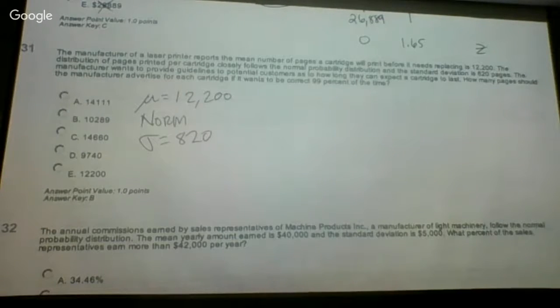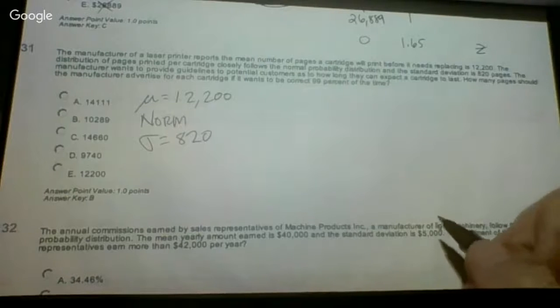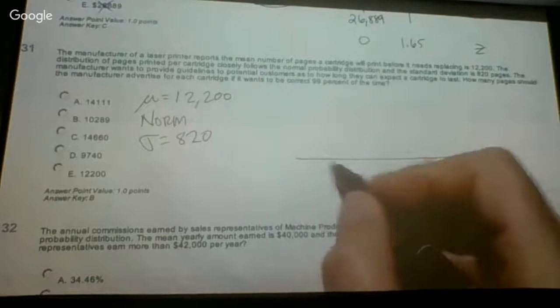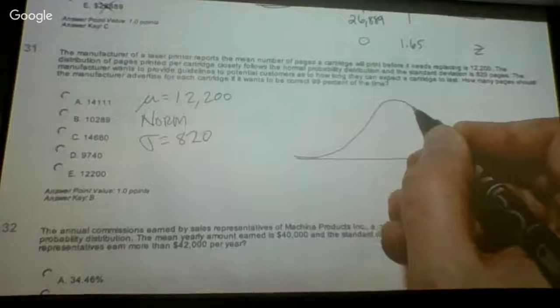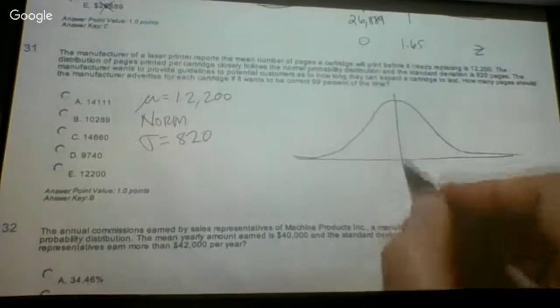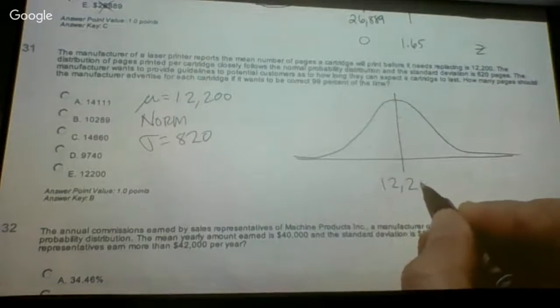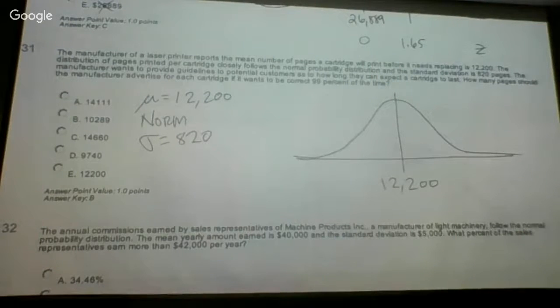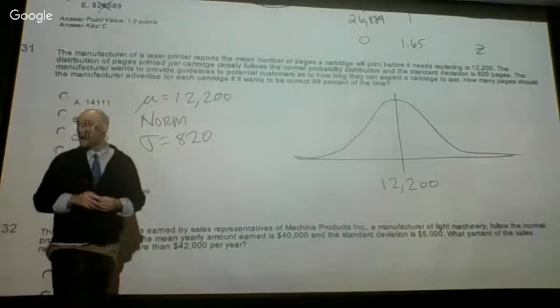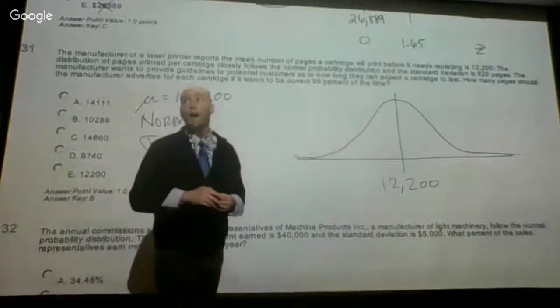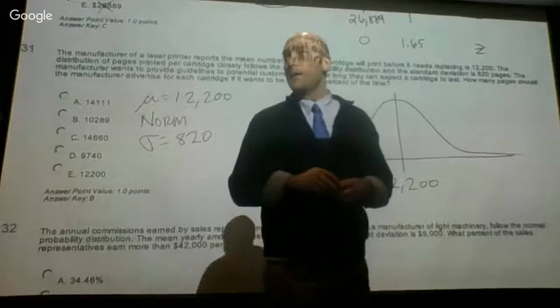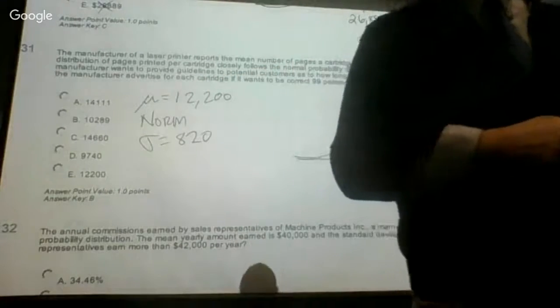How many pages should the manufacturer advertise for each cartridge if it wants to be correct 99% of the time? We've got to provide a certain amount of pages. It's going to be a 99% thing. But the toughest part of this question is which side of the mean do we put our line on? Is it going to be on the left or on the right?